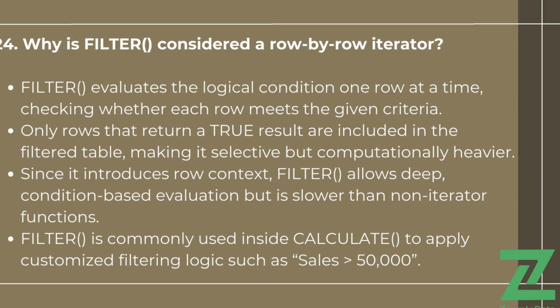Since it introduces row context, FILTER allows deep, condition-based evaluation but is slower than non-iterative functions. FILTER is commonly used inside CALCULATE to apply customized filtering logic such as sales greater than 50,000.